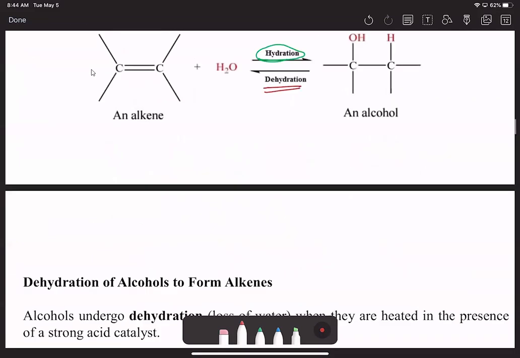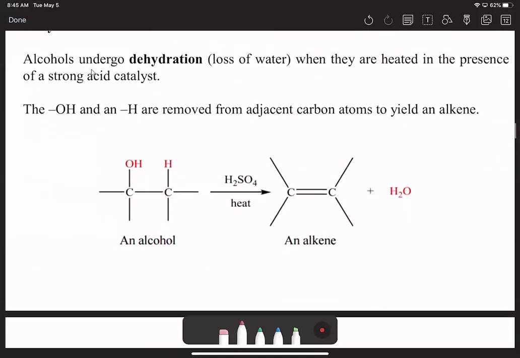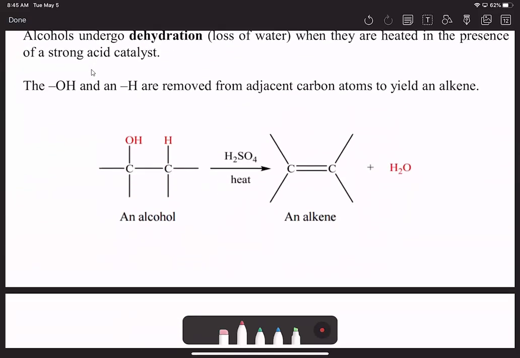Hydration reaction, break the double bond, and add your reactant. Break the double bond, add the reactant. Dehydration is you're going to remove the water. So how we remove the water is very specific.